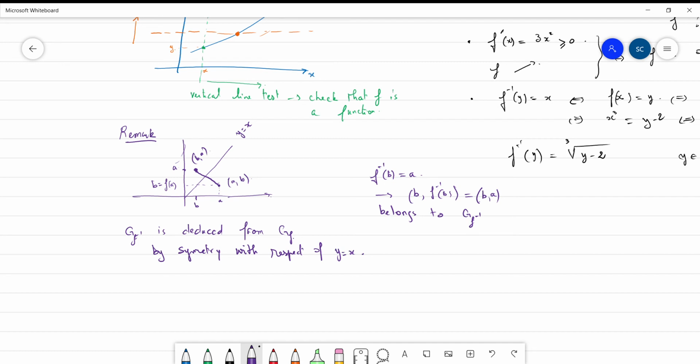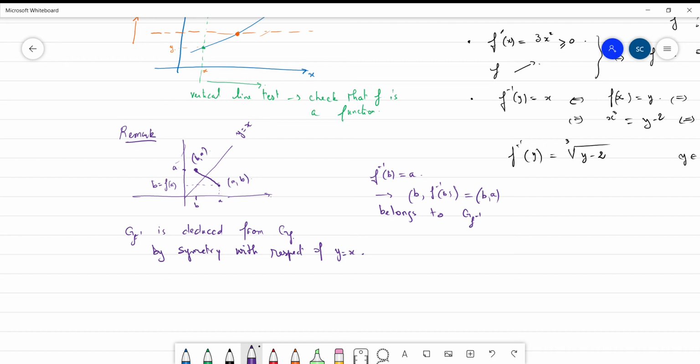Sometimes it's harder to study the function f minus 1, but we know that our original function f is invertible, or has a reciprocal function. Then we can proceed like that.